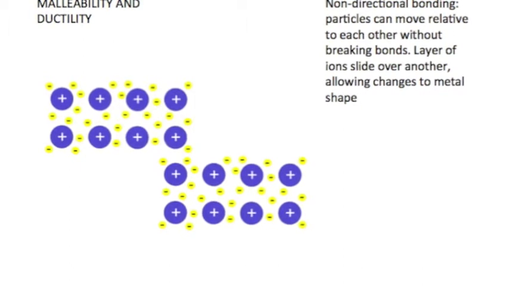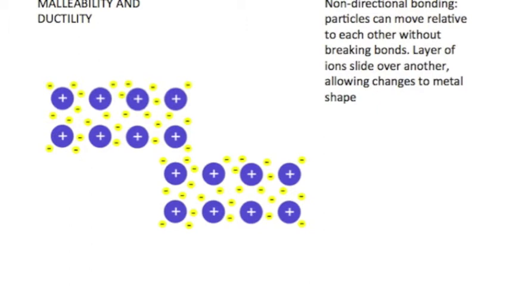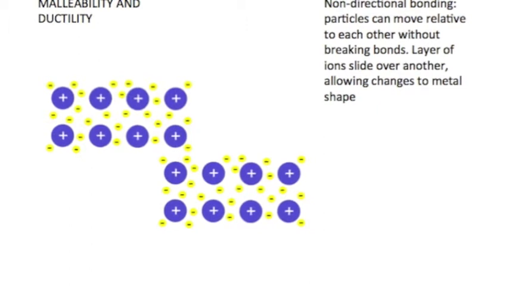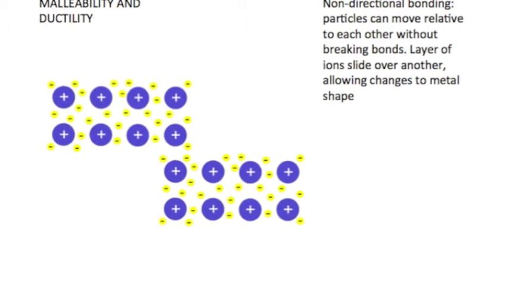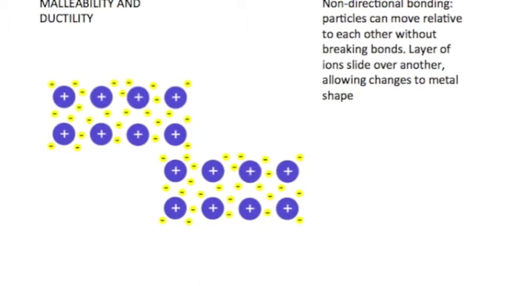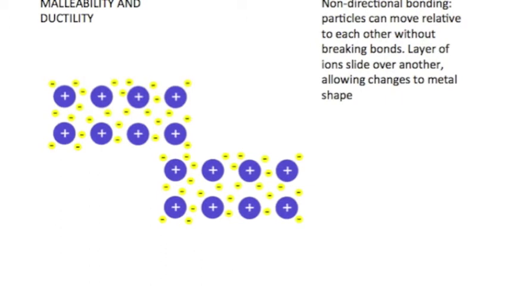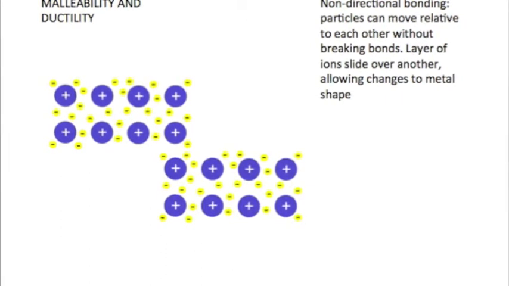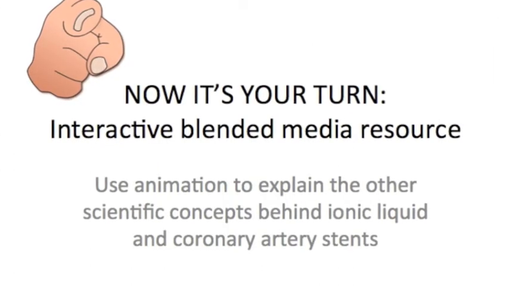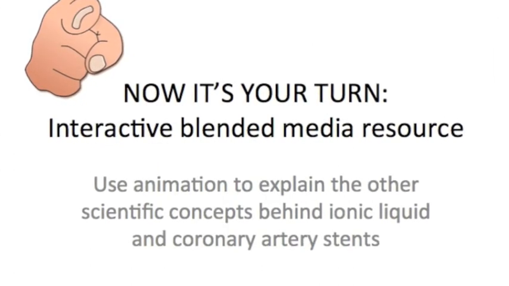When a force is applied to a metal, in this case the bottom left-hand corner, one layer or a couple of layers of ions can slide over one another without the bonds breaking. This allows for changes in shape of the metal to form sheets or wires, as you can see from this model.